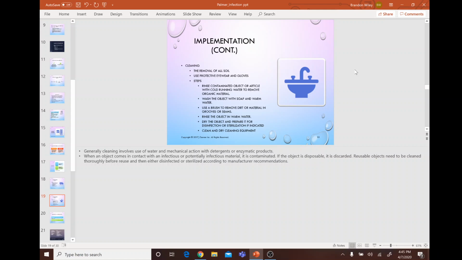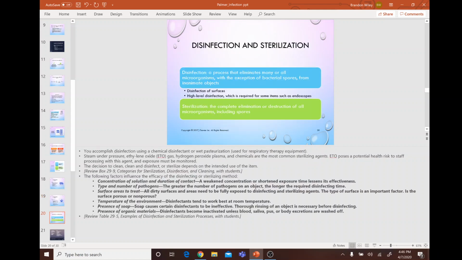Then we'll wash it with soap and warm water. Then we'll use a brush to remove dirt or material in grooves or seams. Rinse it with warm water again. Dry the object and prepare it for disinfection or sterilization if needed. And then clean and dry cleaning equipment. Boom.